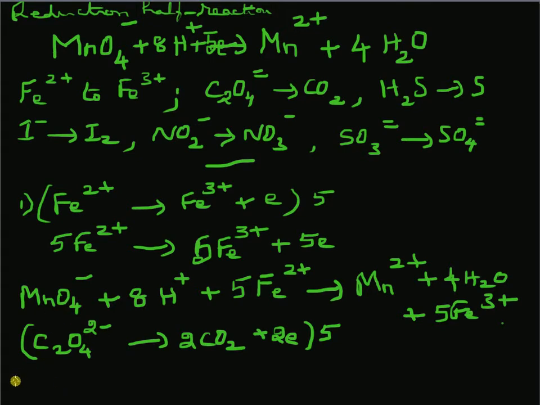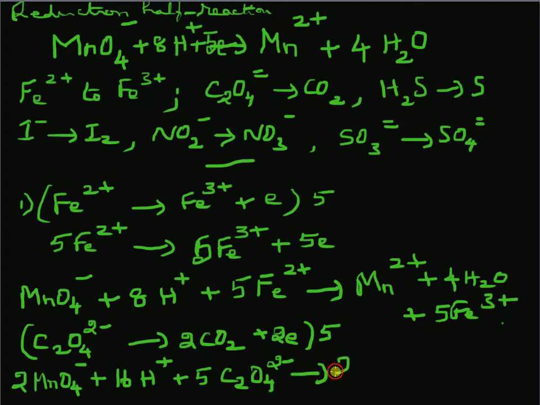We can write the equation straight away as 2 MnO4- plus 16H+ plus 5 C2O4 2- giving 2 Mn2+ plus 8H2O plus 10 CO2.